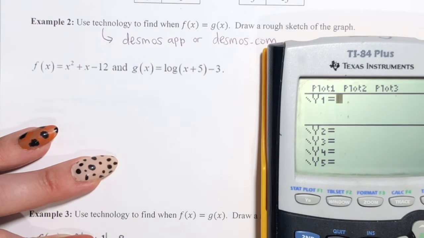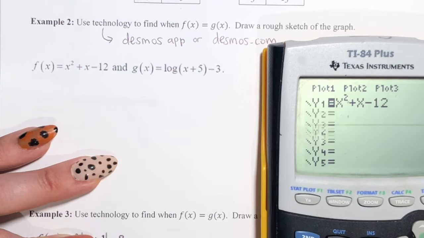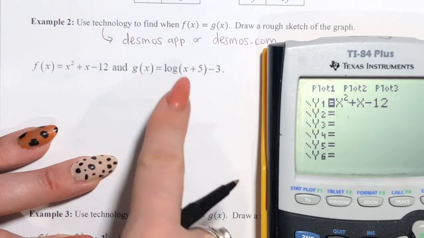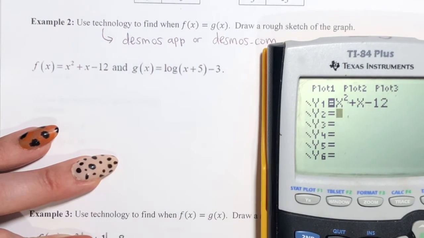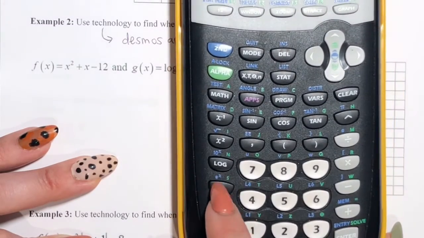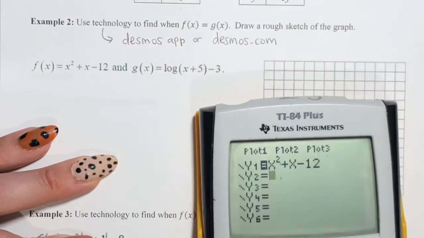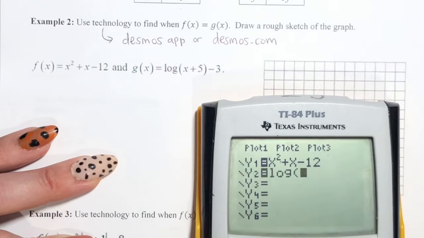So on the first one we have x squared plus x minus 12. And then go down to the next row, and this one is a log button. So the log button is down here by the number 7. So I'm going to do log of x plus 5, and then close my parenthesis, and then do the minus 3 on the outside.